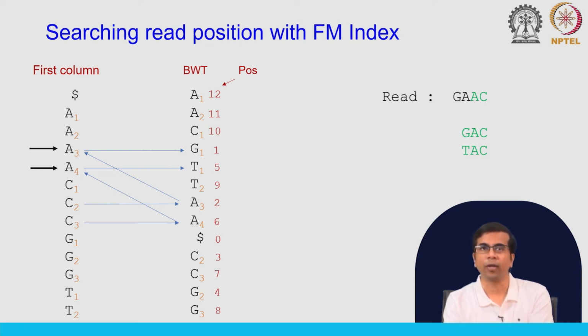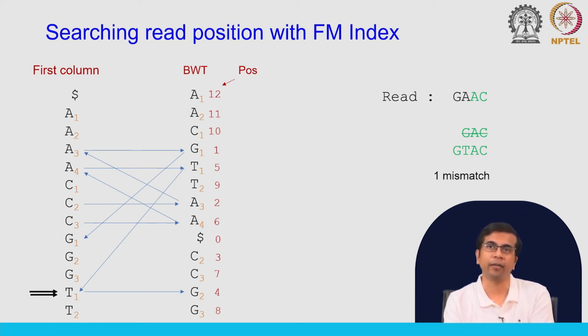So, what will happen now, again the last first mapping. So, we see G1 here and T1 mapping to the first column, and we continue this process and we see this T1, the letter before this is G. So, this G again matches with the letter in the read. So, what we have found, instead of this GAAC, we have actually found this GTAC.